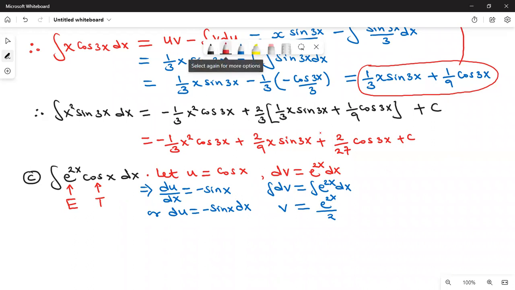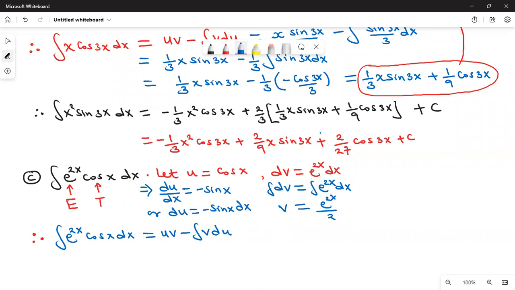So you can now say that therefore, the integral of exponential 2x times cosine of x with respect to x can now be written as uv minus the integral of v du, which when we substitute, u is this one, our v is this, so let's multiply.